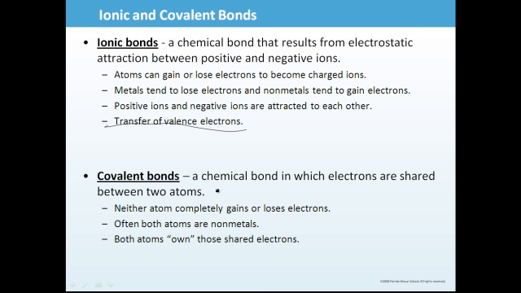Because they're sharing them, we can say that both nuclei own those electrons. Again, in ionic bonds, electrons are transferred from metals to nonmetals. In covalent bonds, they just share those electrons. And when we say electrons here, we're talking about the valence electrons, the outer shell electrons.